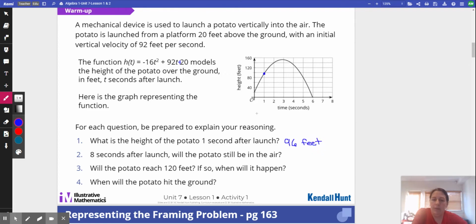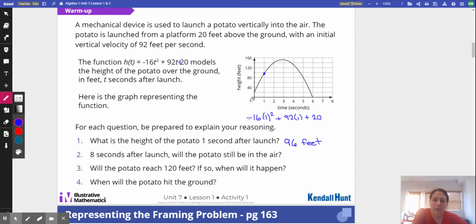Here's how I solved the problem. I plugged in 1 wherever I see t. So negative 16 times 1 squared plus 92 times 1 plus 20.